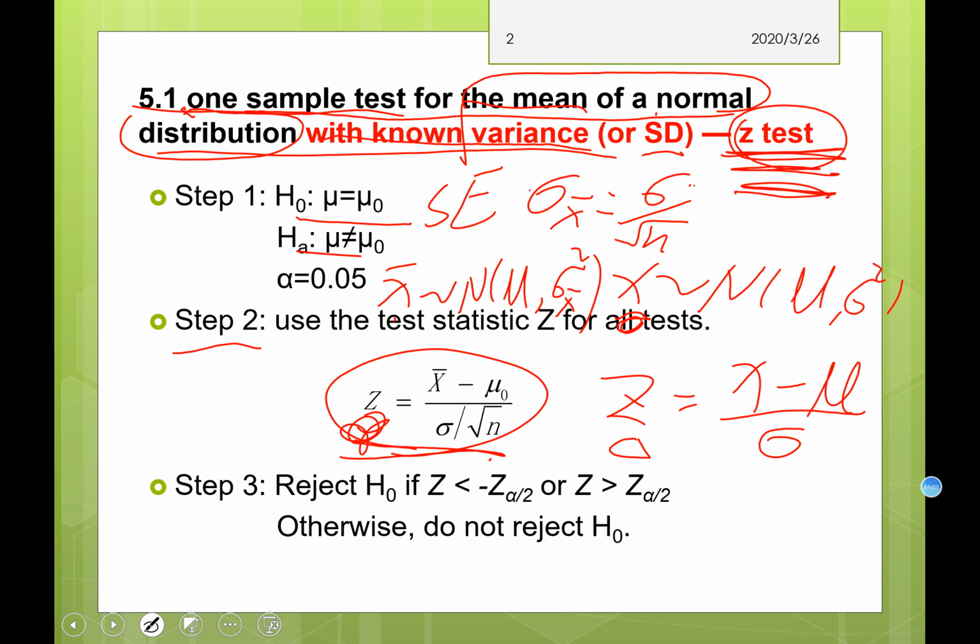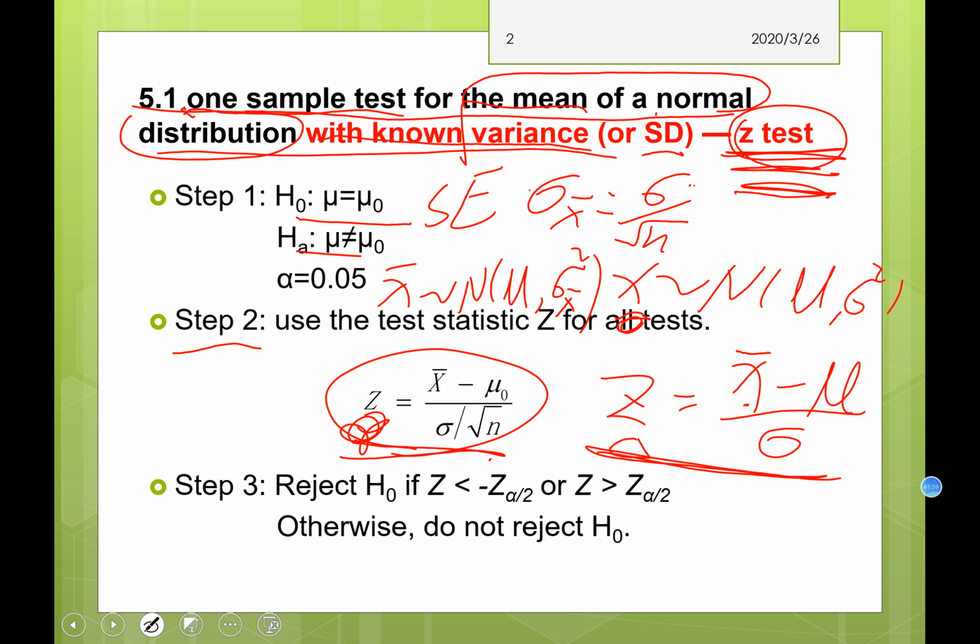So here in the formula in chapter 2, we can use this formula to get the formula in chapter 5. So here, this is the original data X, but now we need to change X into X bar. So here, this is not X, this is X bar.